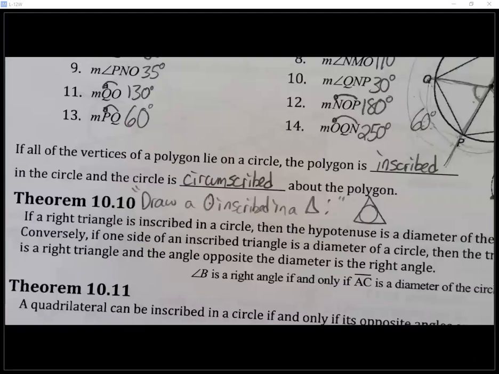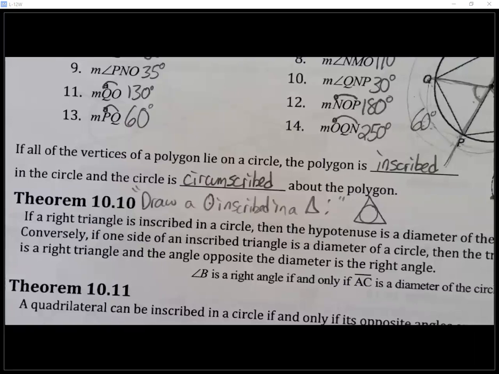Whatever is being inscribed is on the inside. Circle inscribed goes inside whatever the shape is. Okay, so there's the difference between those two. Depending on the wording, you could describe it different ways. We usually use inscribed though, so that's the one you're going to see more frequently.